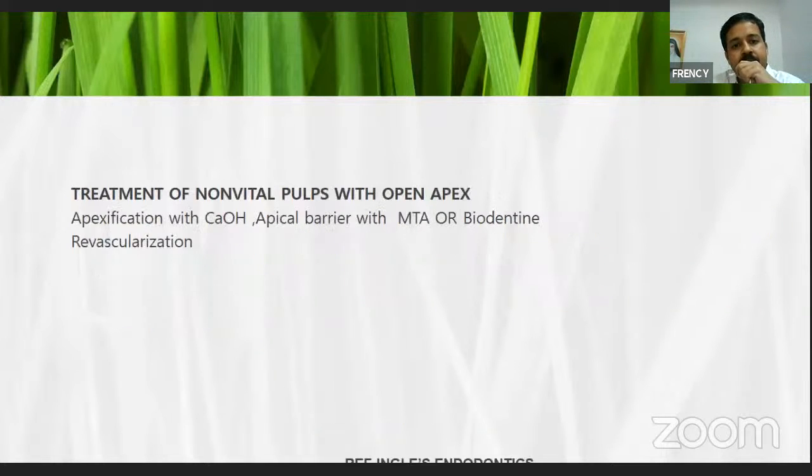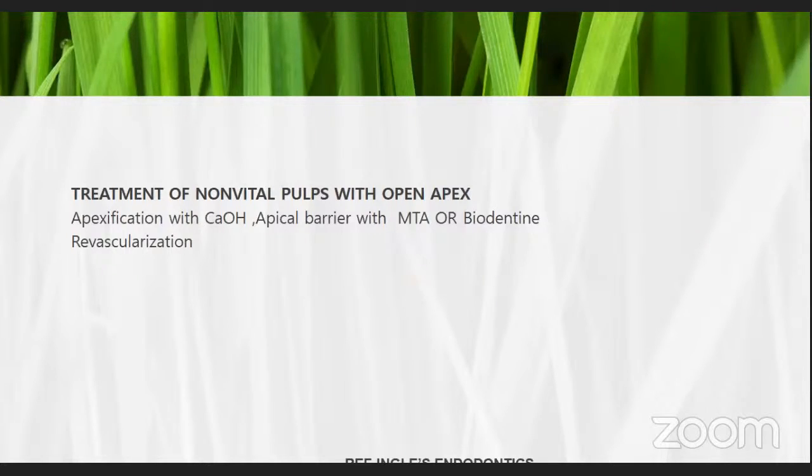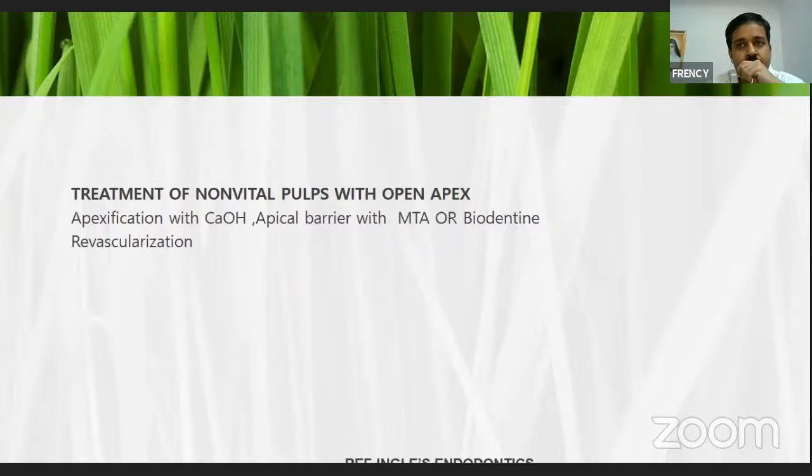Then suppose the open apex tooth has a non-vital pulp, then you can't rely on vital pulp therapy. You can go with conventional apexification with calcium hydroxide, but it is a very time-consuming procedure. Nowadays, many other good techniques are available. If it is almost closed, but with a wide open apex, you can go with an apical barrier with MTA or Biodentine, so that it is a single-step apexification procedure.